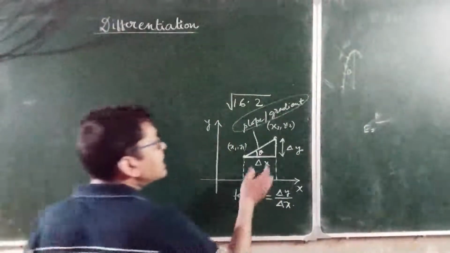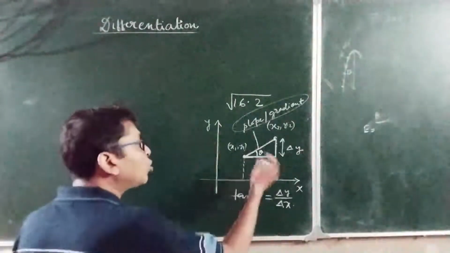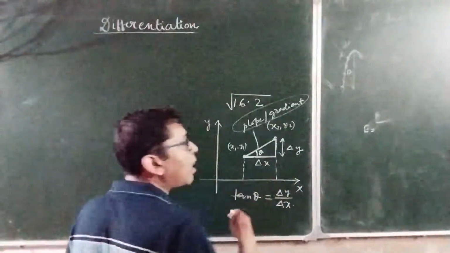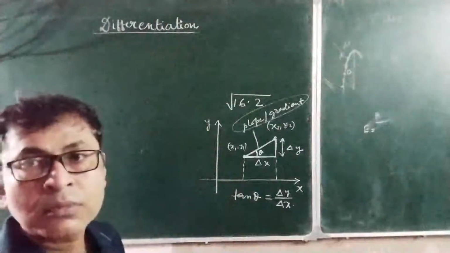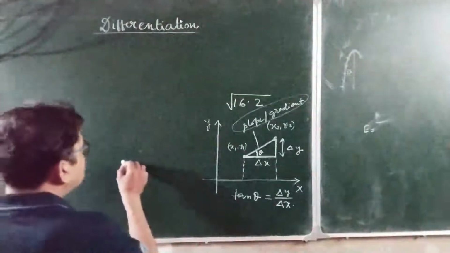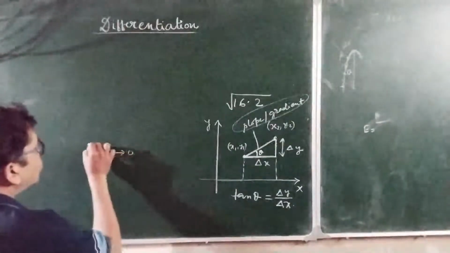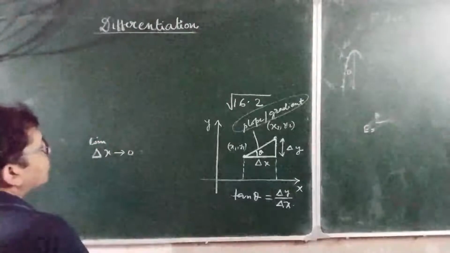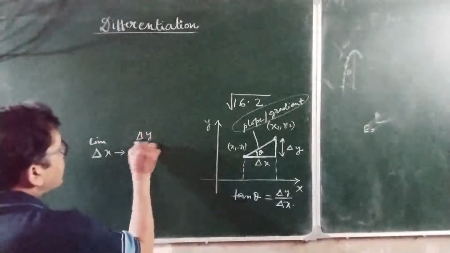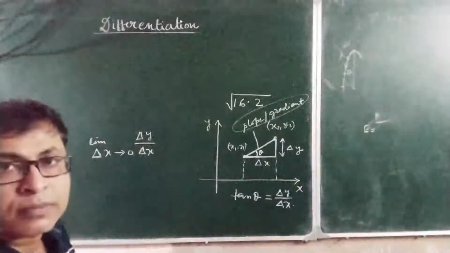Now when this change is tremendously small, both the changes of x and y are tremendously small, like they tend to 0. When del x tends to 0, del refers to any amount of change.